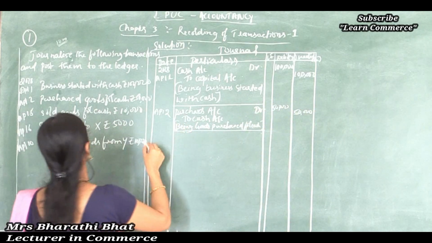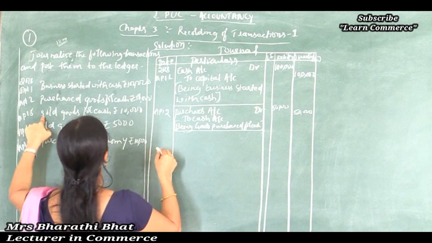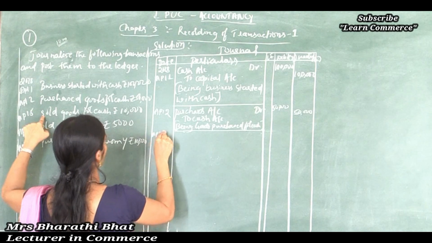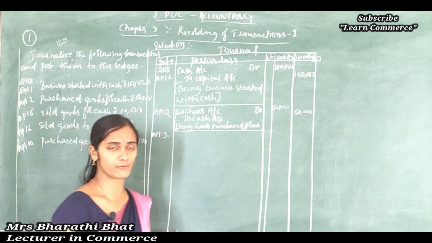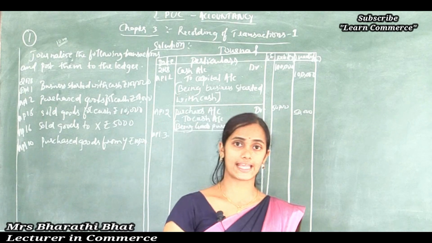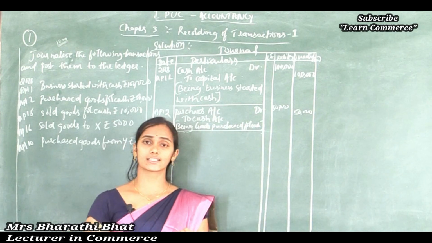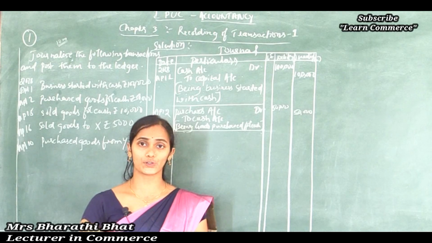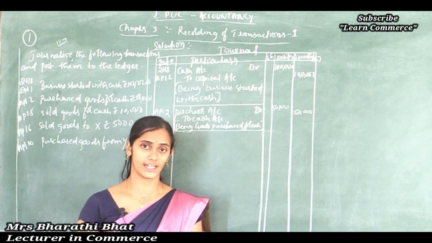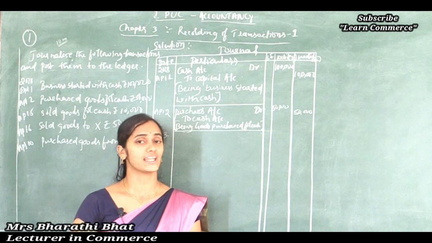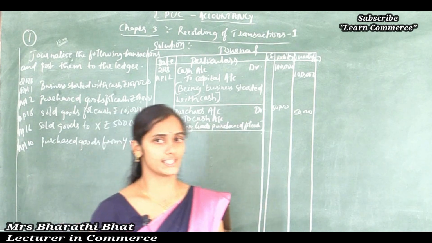Clear? And next one, sold goods for cash. April 3rd, sold goods for cash. Two accounts, sales and cash. Sales comes under revenues. Increase in revenue is to be credited. Cash comes under asset. Increase in asset is to be debited.